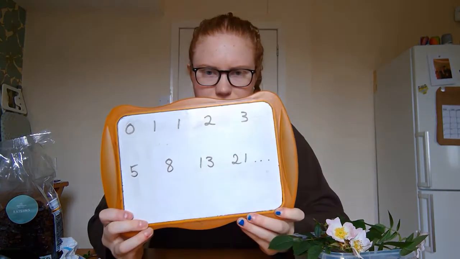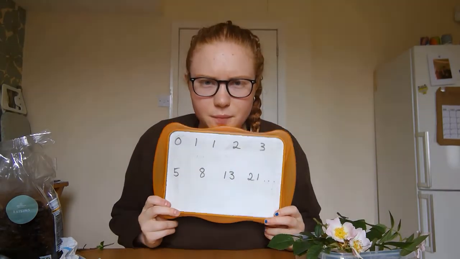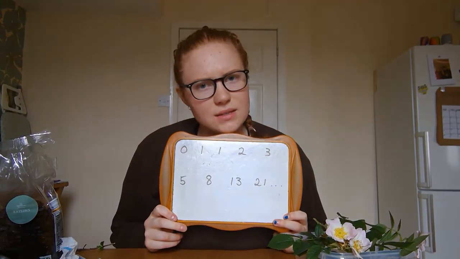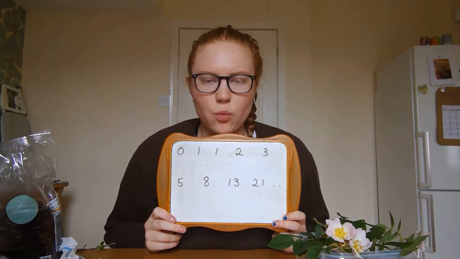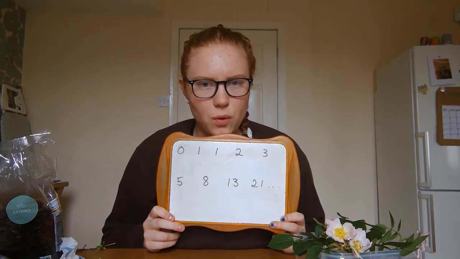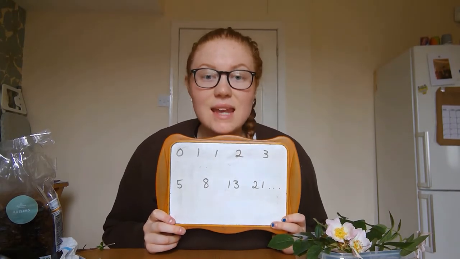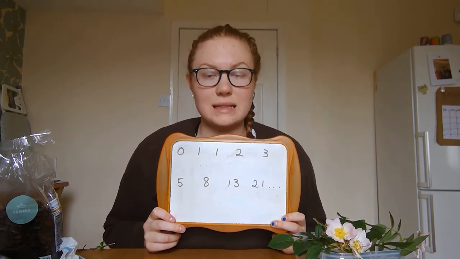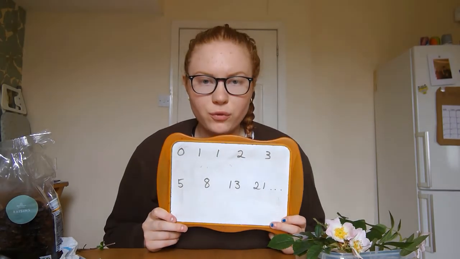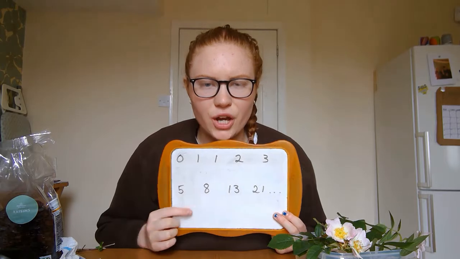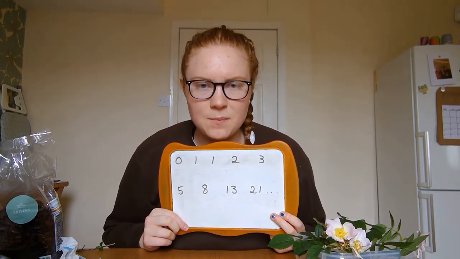Well, I hope you enjoyed learning about the Fibonacci number sequence. I've got the sequence here that we learned earlier. But why is the Fibonacci sequence so interesting? Well, one thing that scientists don't quite understand is that in nature, in the plants and in the trees that we see outside, we can often see these numbers occurring with different things.